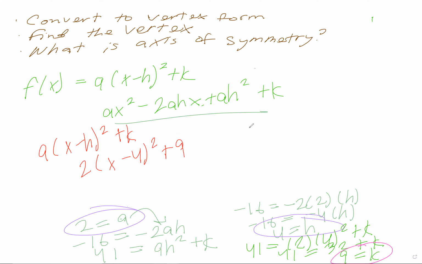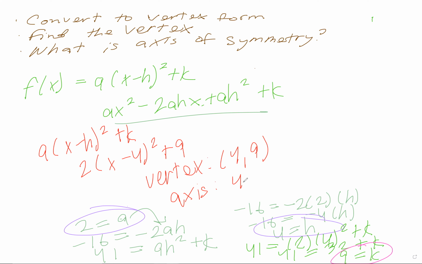That's part A done. What is the vertex? The vertex is (4, 9). What's the axis of symmetry? x equals 4. There you go, that's part A done.